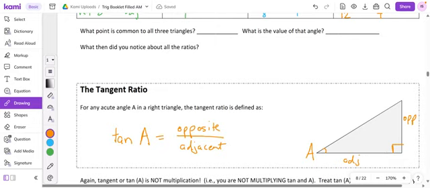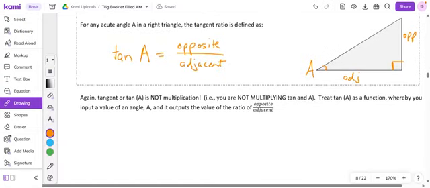So if you're asked to find the hypotenuse, well, you're not using tan. Who thinks they are able to use tan now that you know how to use cosine and sine? Yeah, we're basically doing the exact same thing.